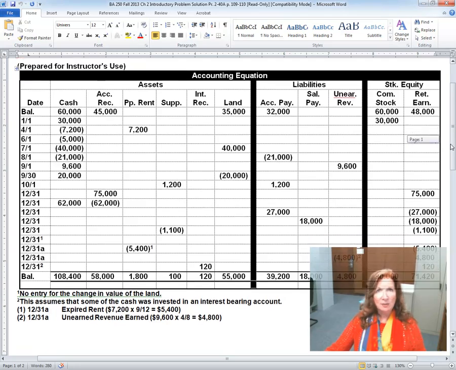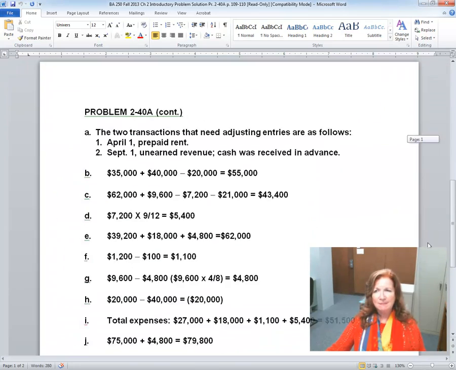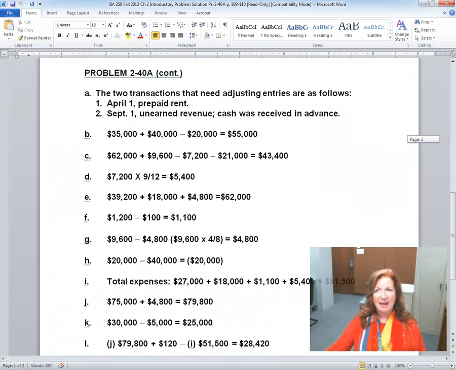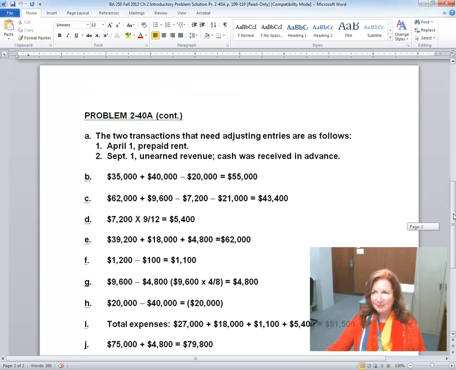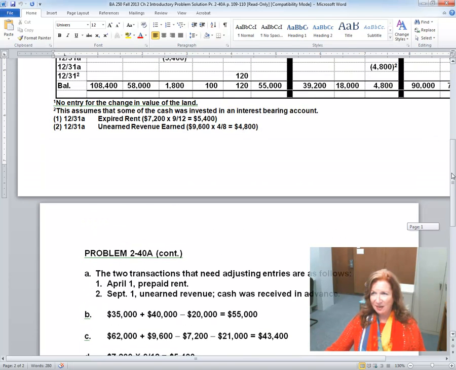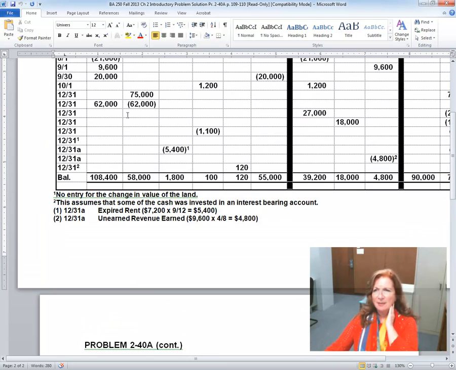So now I'm going to pull this worksheet down, and we have some answers here for you to look at. So the 2 transactions were the prepaid rent in September. The land was the 55,000. I showed you where to find that. Now C is going to be, I'm going to crank this up, I hope I can get both of these. I think I can. So we have the 62,000 that came in revenues right here.